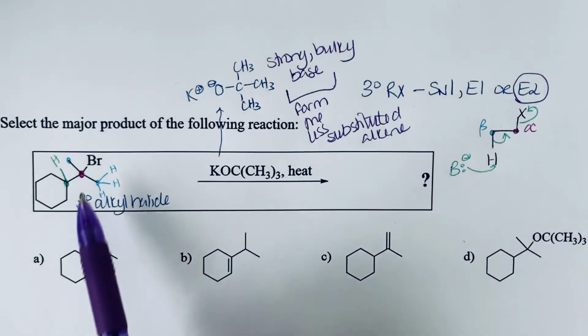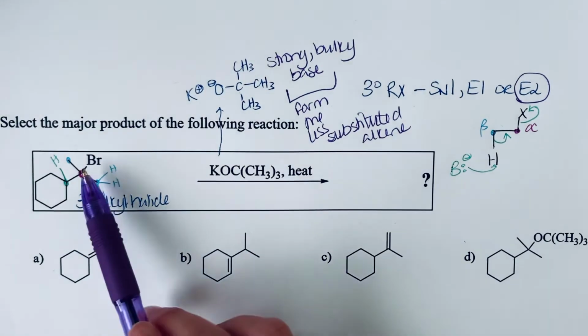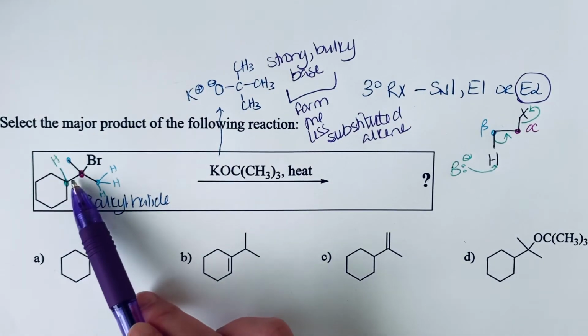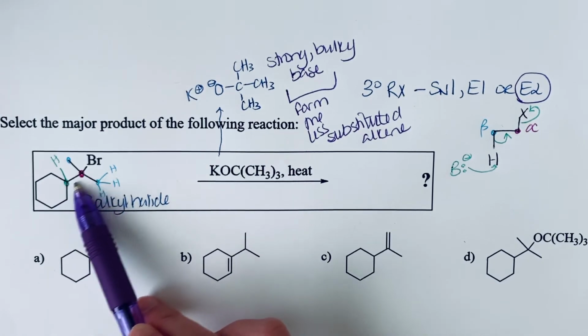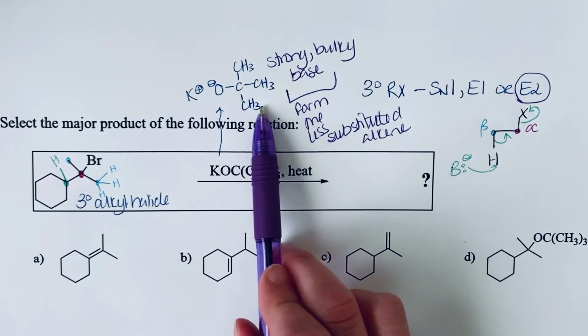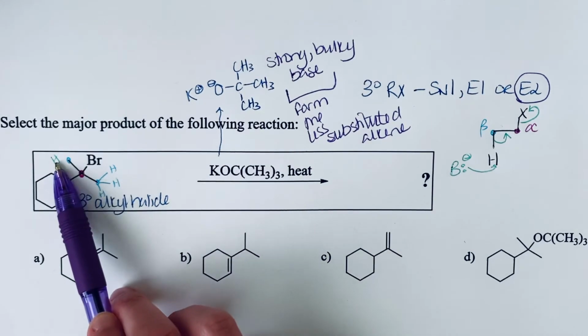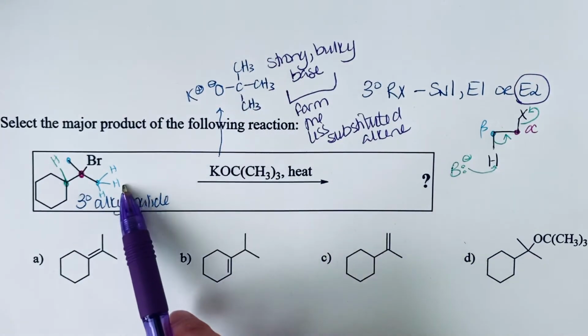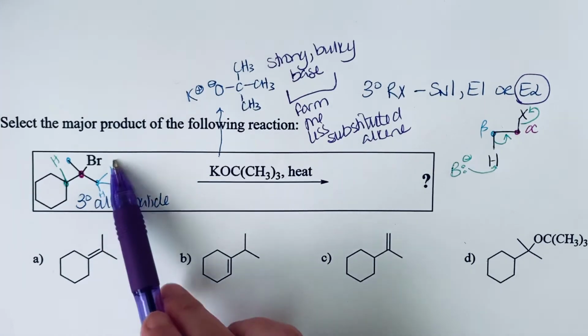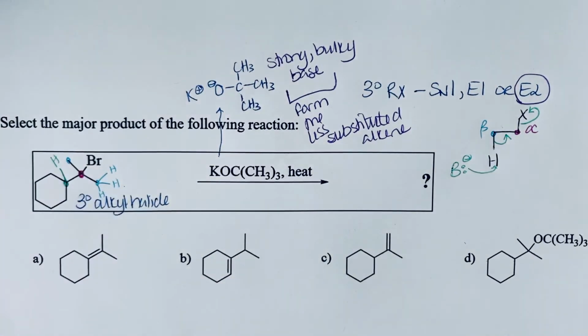If we consider the structure that we're starting with, if we were to remove that green hydrogen, we would form a really stable tetrasubstituted alkene, but that's just not going to be possible with that strong bulky base. To remove that green hydrogen, we'd need a small base. With this large base, it's going to remove one of the peripheral hydrogens from this methyl group or this one. In either case, the product will be the same.